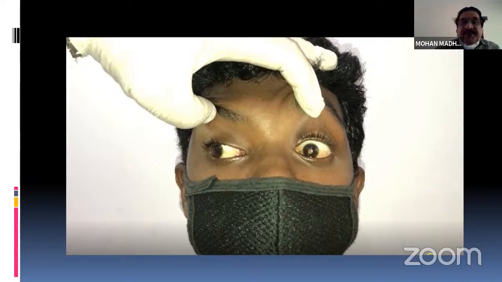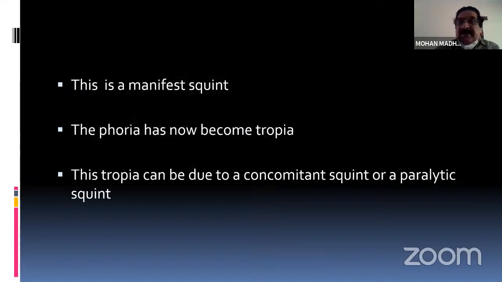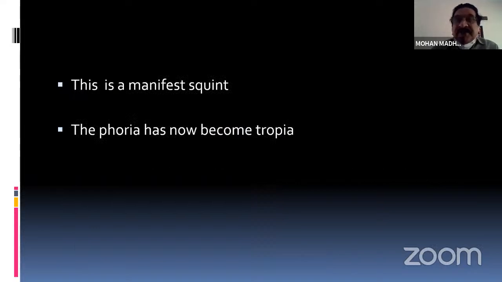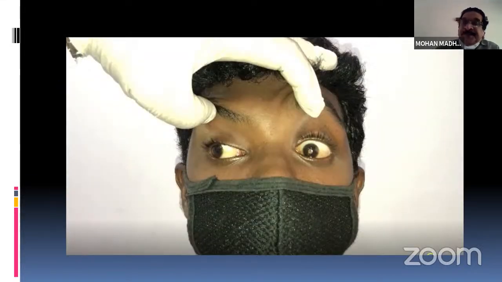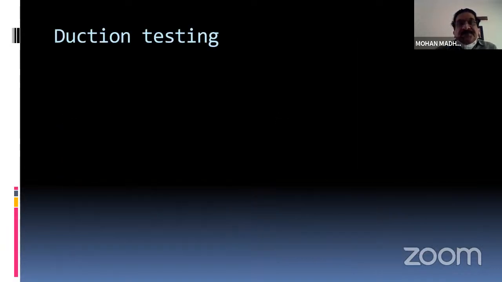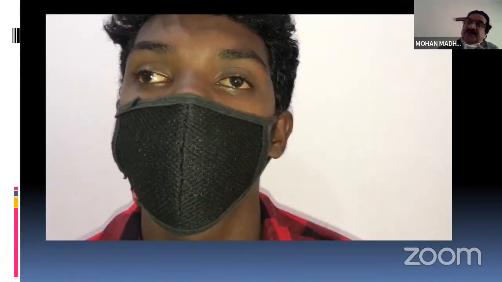Now you differentiate whether it's paralytic or concomitant. We don't know yet whether it's due to muscle paralysis or due to a concomitant squint. It's only malalignment, no real weakness. So what will you do now? You can do duction testing. What does duction testing mean? You cover one eye and check the ocular movement of the other eye.